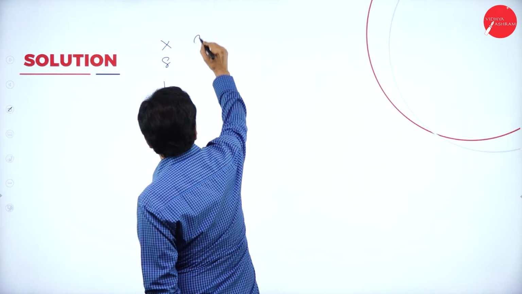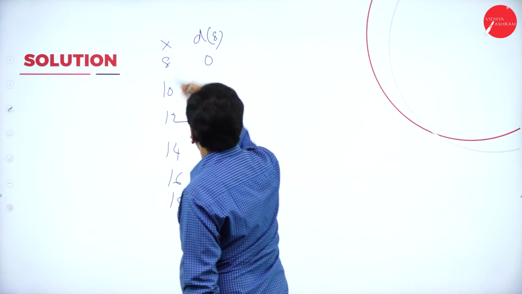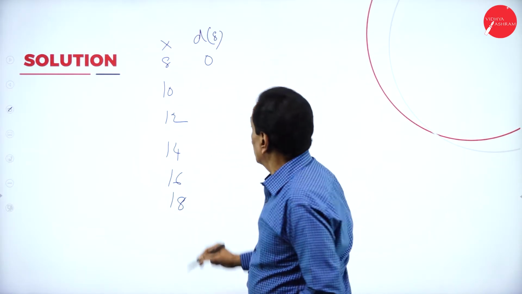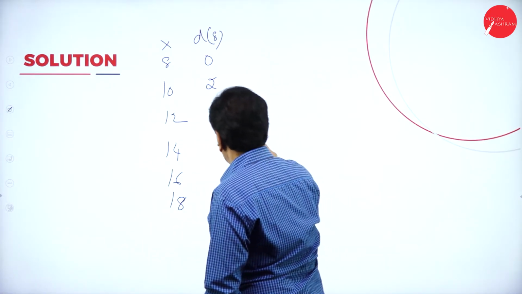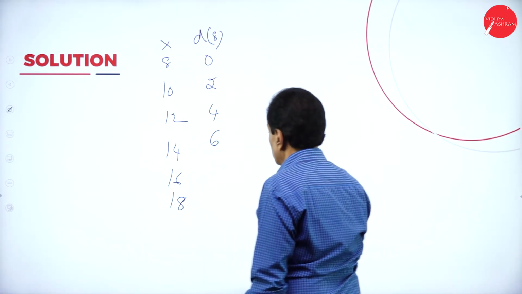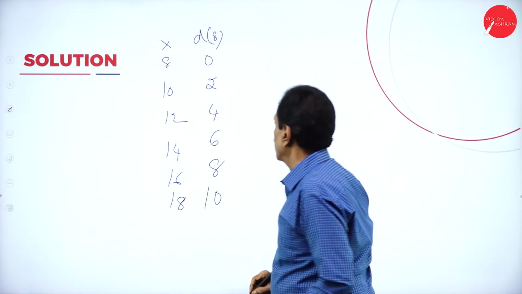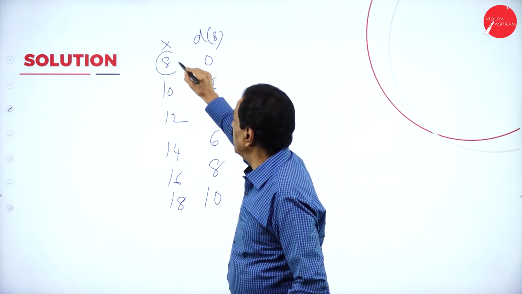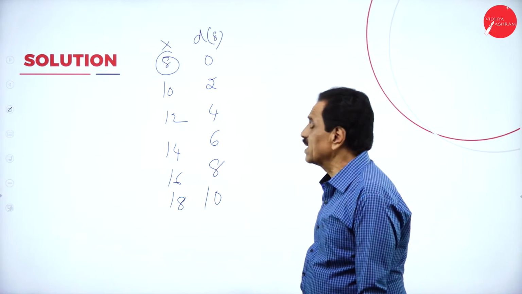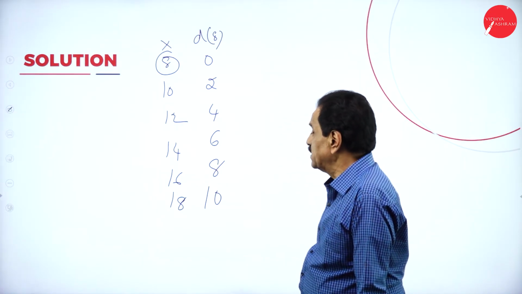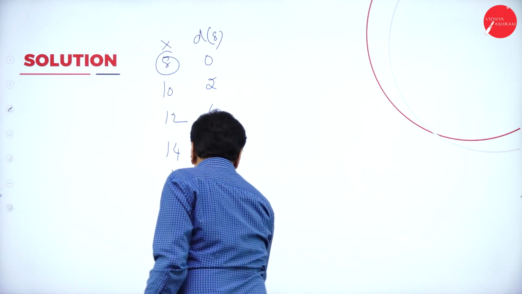Then you take D as 8 as a base, 8 as a 0, the lowest number. How much more? 2 more. 4 more. 6 more. 8 more. 10 more. Which is the base? 8 is the base. So 10 is increased by 2, 12 is increased by 4, 14 increased by 6, 16 increased by 8, 18 increased by 10.